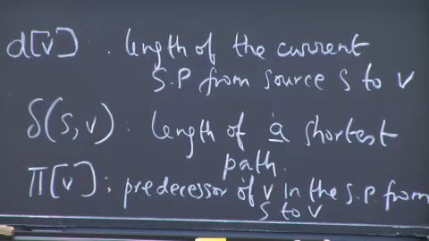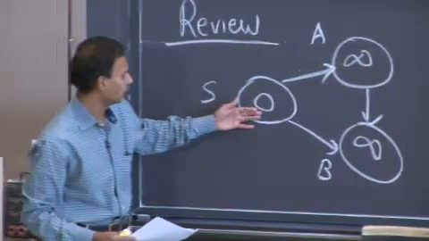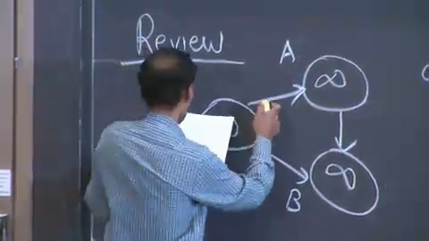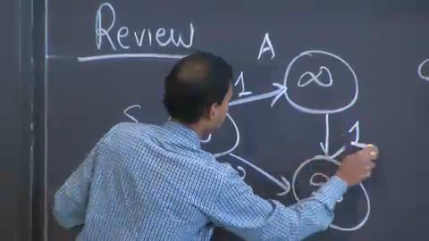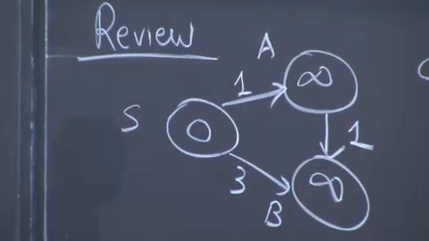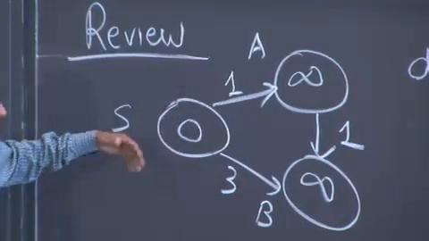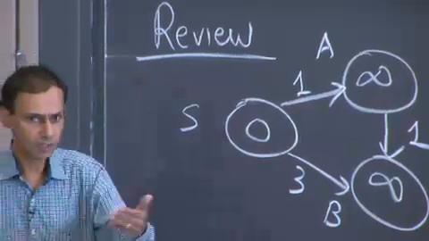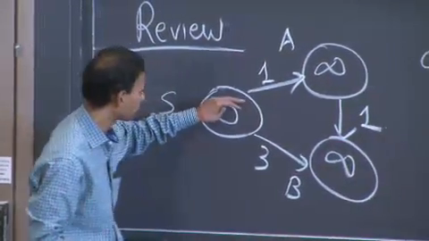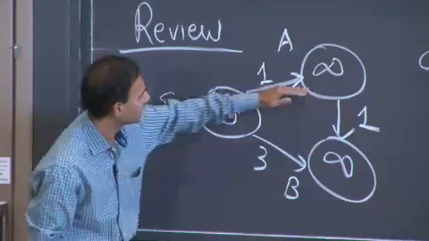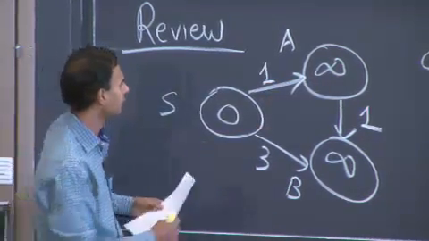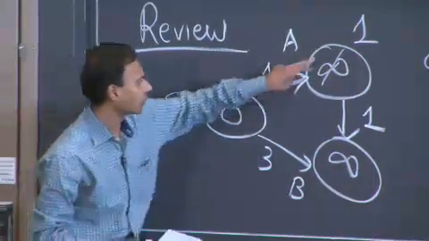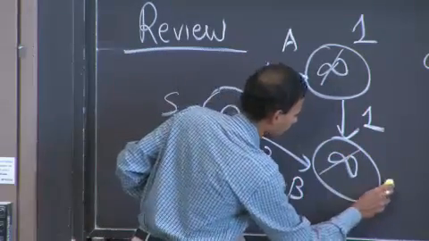In this trivial example, you start with d of S being 0, and d of A and d of B being infinity. Let's put down a few weights here. What you do is relax the edges that go out of S. This notion of relaxation, which I'll write out formally in a minute, is a process of following this edge and updating the d of A value. This infinity becomes 1, because if I start here with 0 and add 1 to it, I get 1. Similarly, this infinity becomes 3.